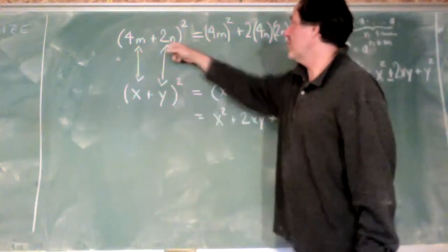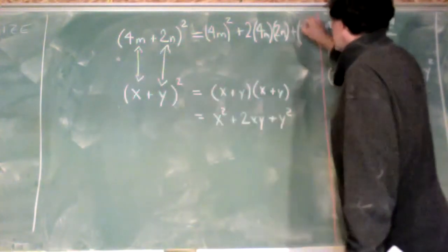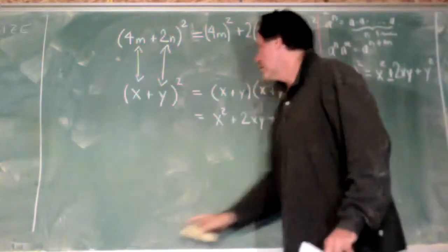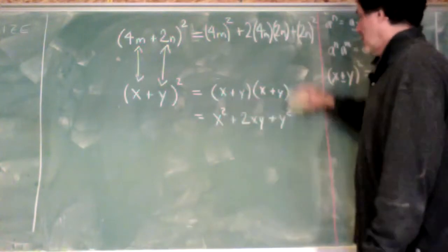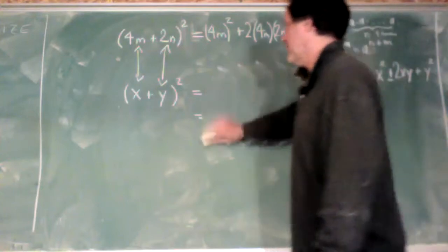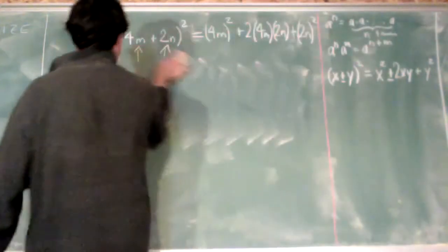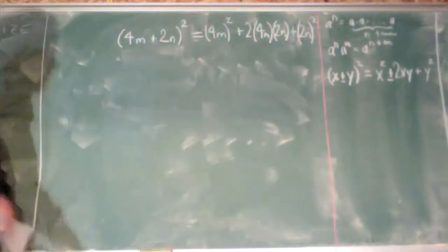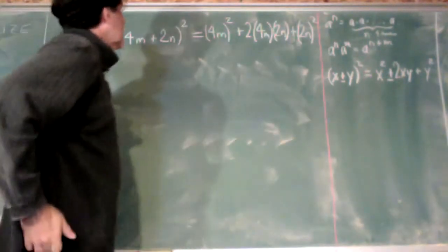What plays the role of y? 2n. So we have 2n quantity squared. Now that I've taken advantage of our correspondence, we've done all we need with that. I'm erasing it. Remember, you can stop the video if you need to see it for longer.